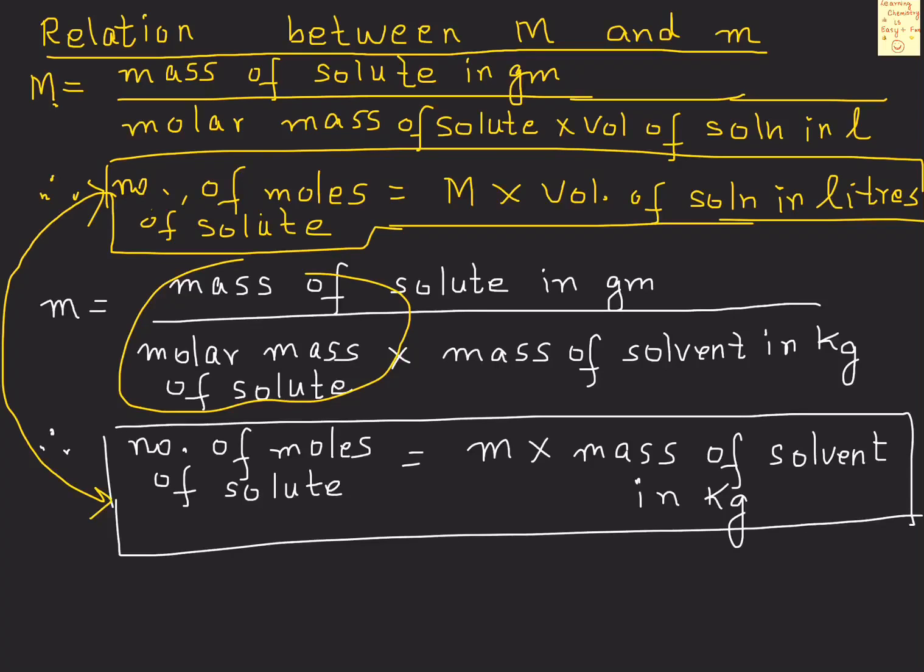The number of moles of solute and number of moles of solute is molarity into volume of solution in liters equals molality into mass of solvent in kg. Oh my god, we need so many values, but most of the times the values are not provided. So how do we determine one from the other? Let's go about it.